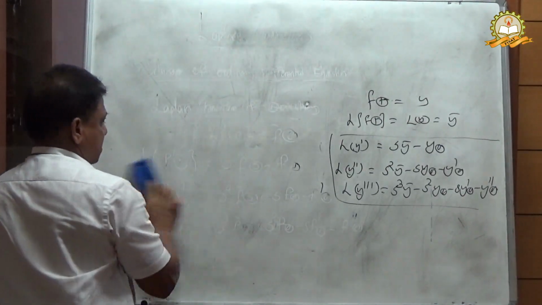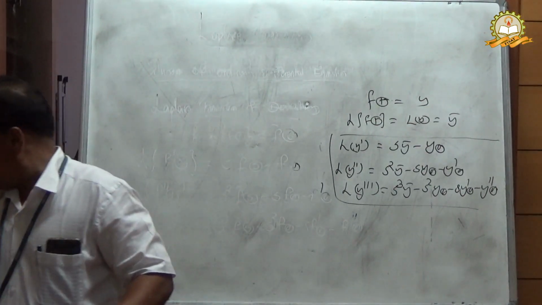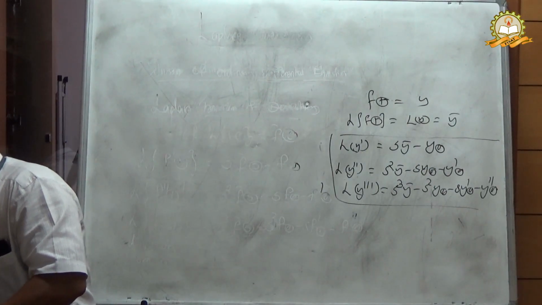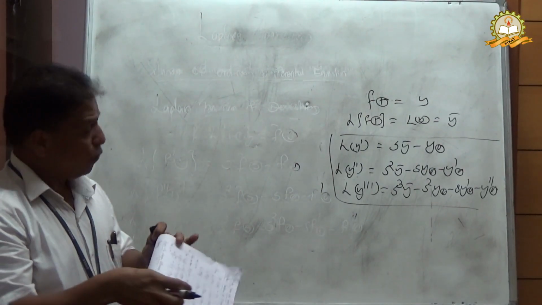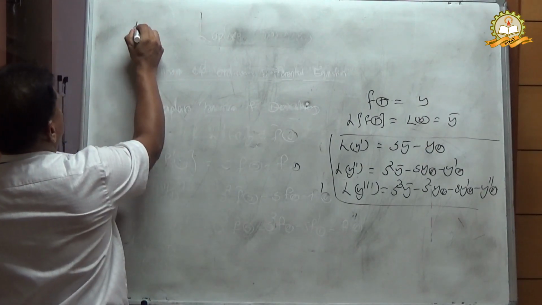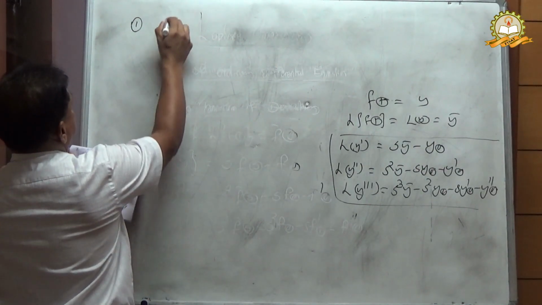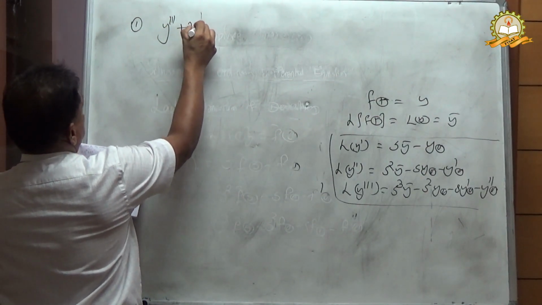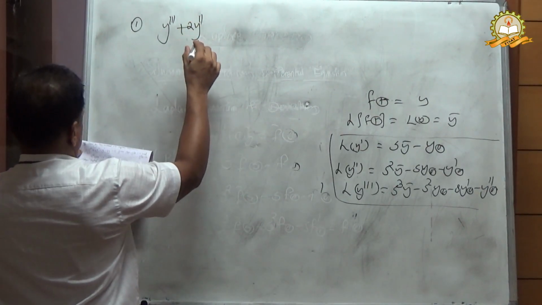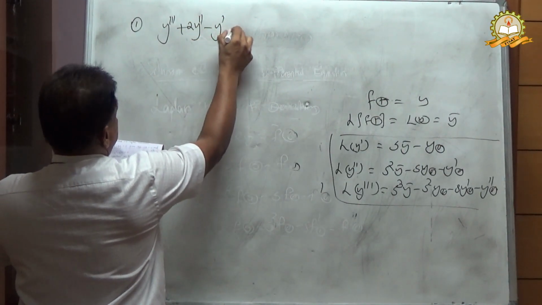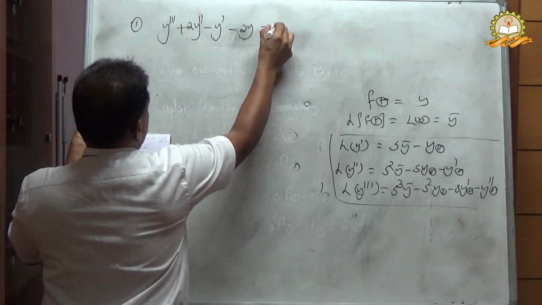The first problem is: solve by the method of Laplace transform y triple dash plus 2y double dash minus y dash minus 2y is equal to 0.